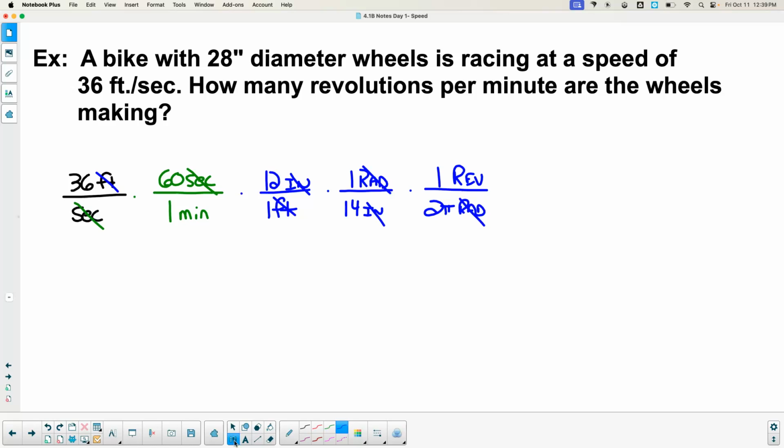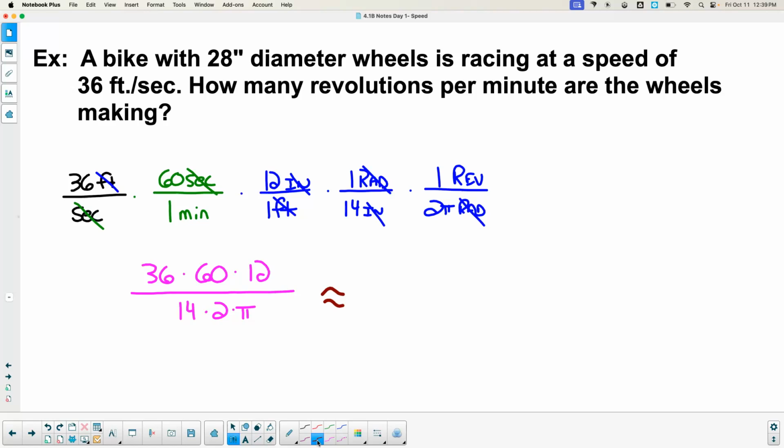So on top I get 36 times 60 times 12. On the bottom, I get 14 times 2 times pi. And when we do that in your calculator, and I will wait for you to yell at me.